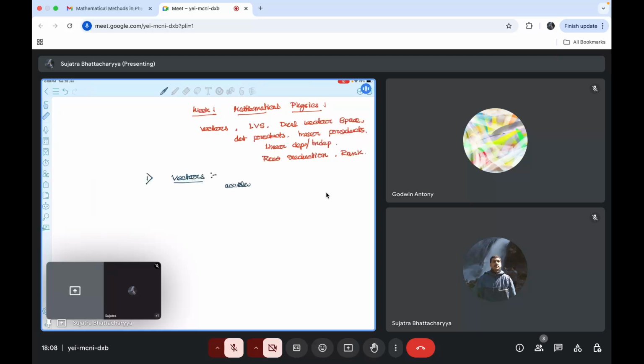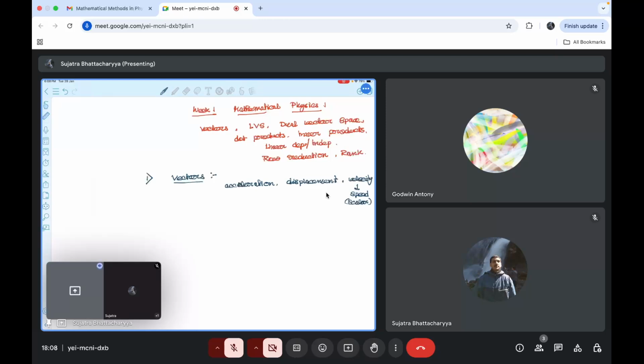Then we have displacement, velocity. All these are basic examples of vectors, which have a direction associated with them. However, their magnitude, like speed, is a scalar quantity. Similarly distance and all these things. These are scalars, which only deal with the magnitude of the quantity.